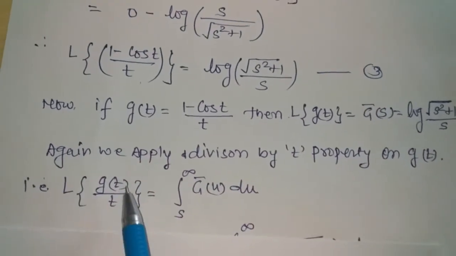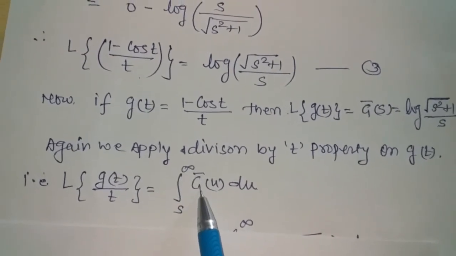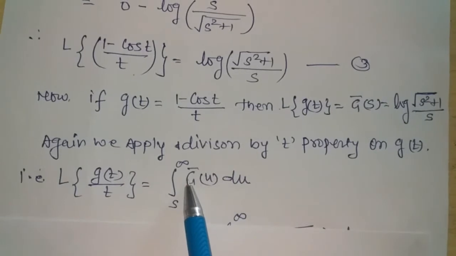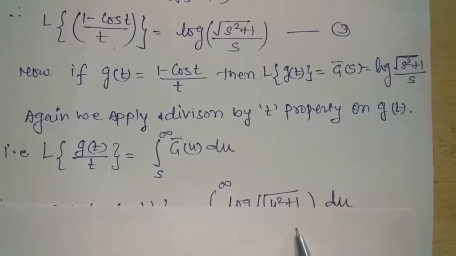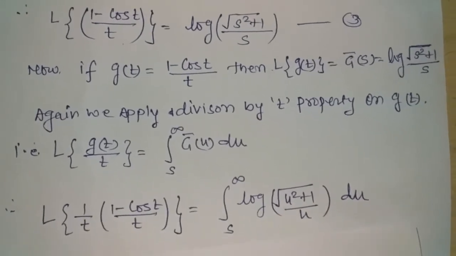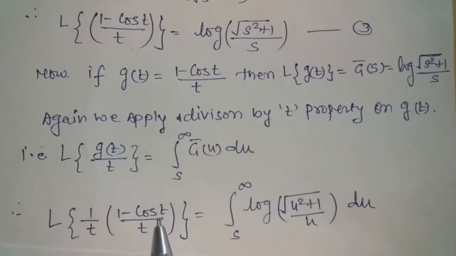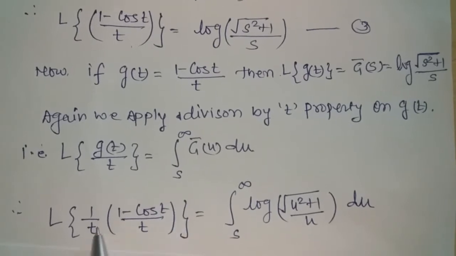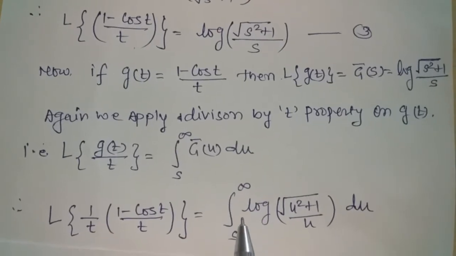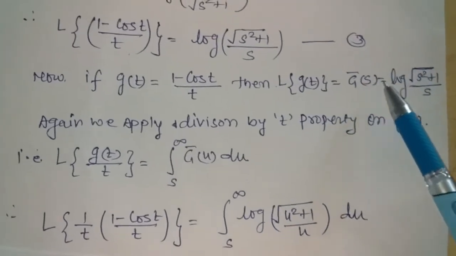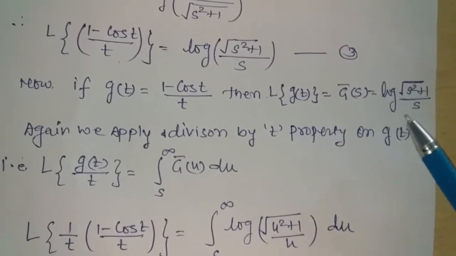Laplace transform of g(t) by t is the definite integral from s to infinity of g bar(u) du, where g bar is the Laplace transform of g(t). So using the division by t property in g(t), we get the Laplace transform of g(t) by t, which is (1 minus cos t) by t divided by t, equal to the definite integral from s to infinity of g bar(u). g bar(s) is what? g bar(s) is log of square root of s square plus 1 by s.